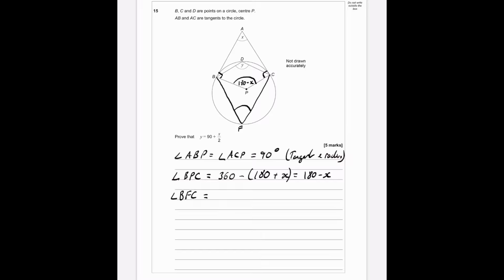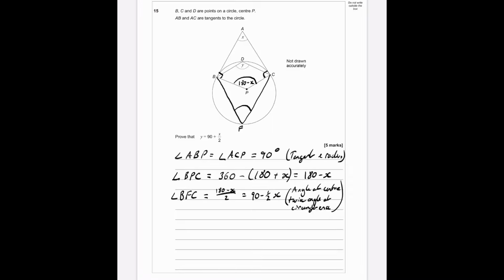So the angle at the circumference, that BFC, I've called it F. Of course, you could call it anything you like. That's going to be 180 minus x all over 2, or if you prefer, 90 subtract a half x. Because this is a proof, I have quoted the circle theorems as I've used them. Just gives clarity to whoever is checking your proof.